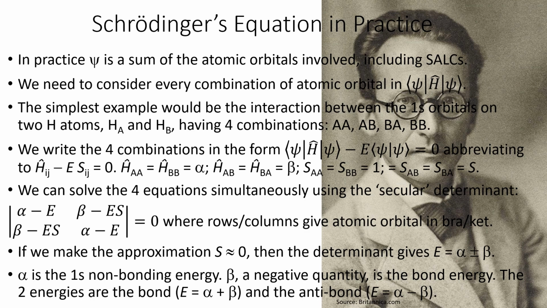And so this is the bond energy. And alpha minus beta is going to be the anti-bonding energy solution. So that's beta either side of the non-bonding atomic orbital energy, alpha, which incidentally is also a negative quantity because it's relative to the 0 in energy at the ionization limit.